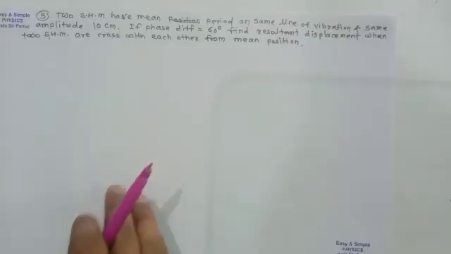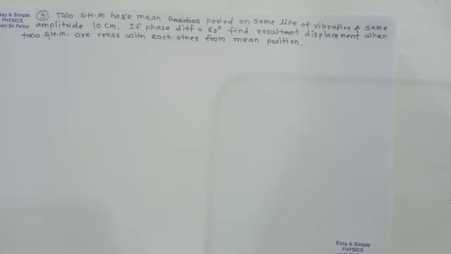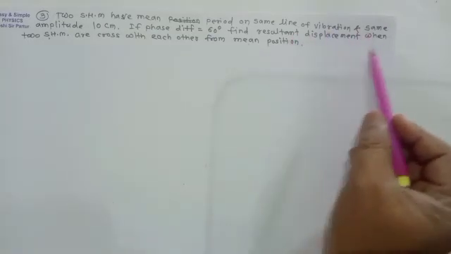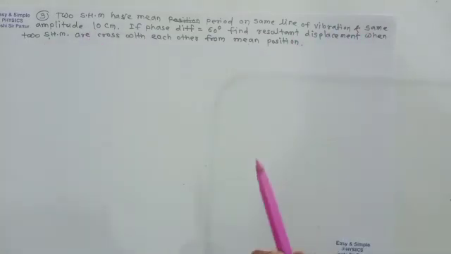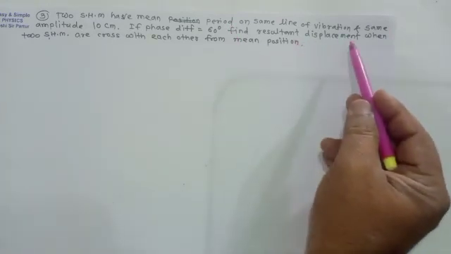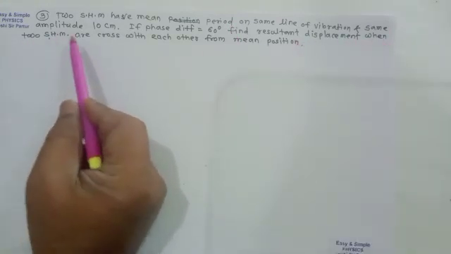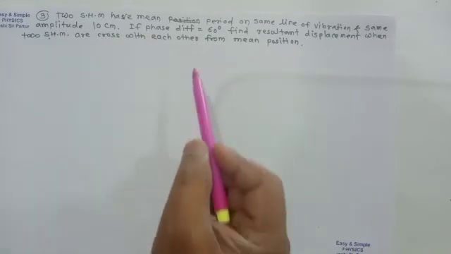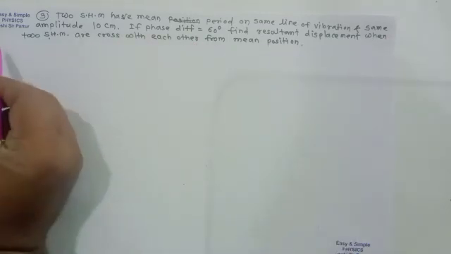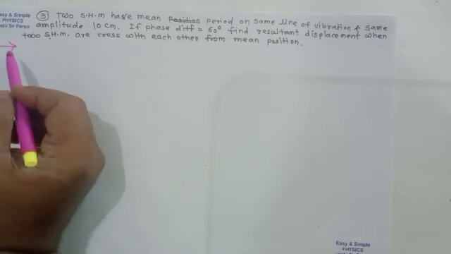Two S.H.M have the same mean position, period, line of vibration and same amplitude 10 cm. If the phase difference is 60 degree, find the resultant displacement when the two S.H.M cross each other from their mean position. See the example here.